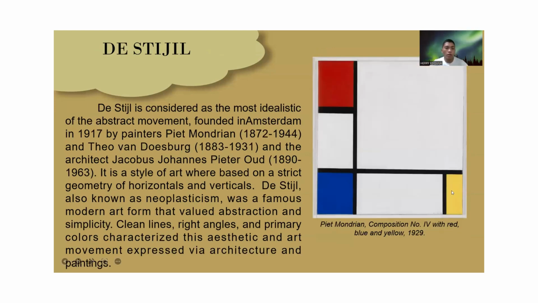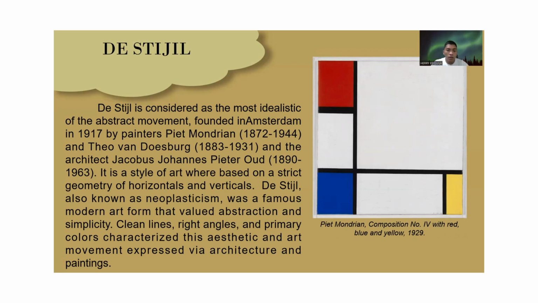So next, the art movement is De Stijl. This style is considered the most idealistic of the abstract movements, founded in Amsterdam in 1917 by painters Piet Mondrian and Theo van Doesburg and the architect Jacobus Johannes Pieter Oud. It is a style of art based on a strict geometry of horizontals and verticals.